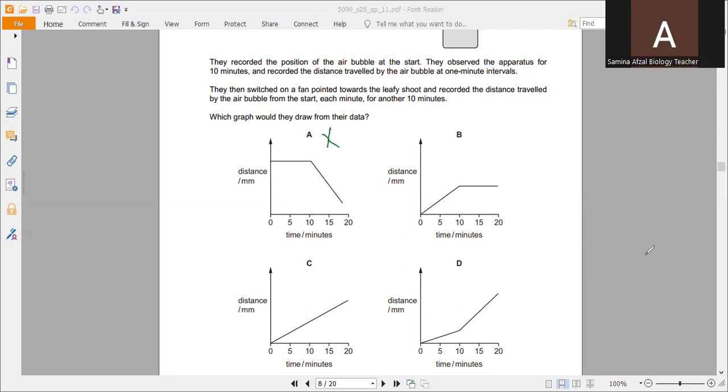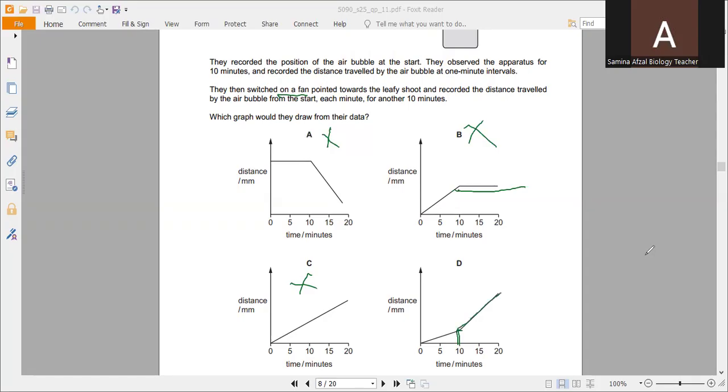In B, you can see after 10 minutes, it goes smooth. Again, the same answer, it should become very fast as the distance is increasing as the time is increasing. No, because after switching on the fan, after 10 minutes, you can see the distance is increasing.